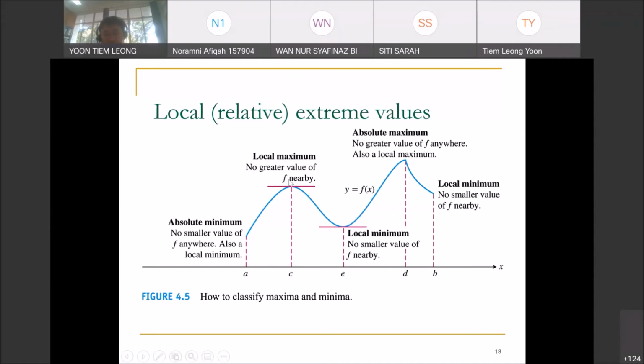So this is a local maximum, a local minimum, and this is a local minimum. A local minimum has no smaller values of f nearby. So this is an example of identifying local maximum, local minimum, absolute maximum and absolute minimum for functions defined on an interval.